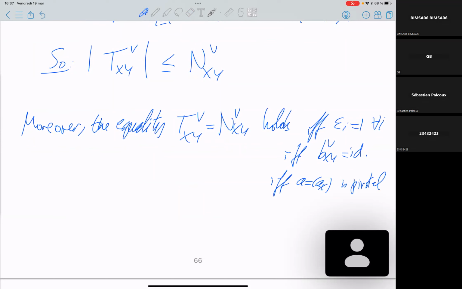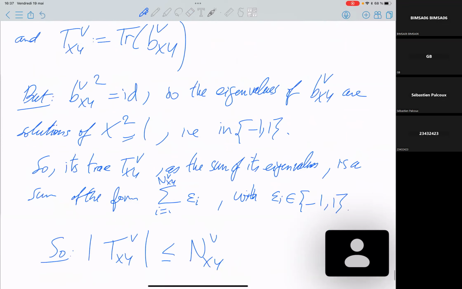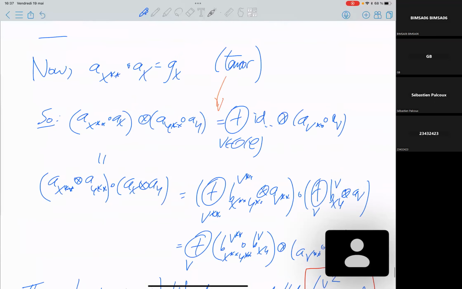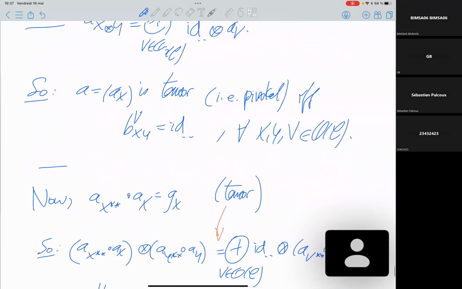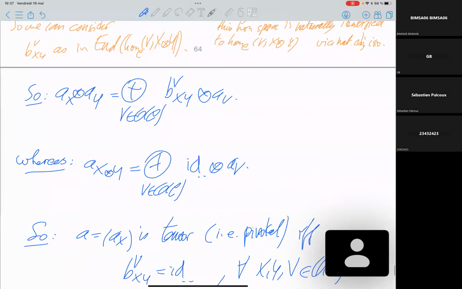So it's a tensor structure, so pivotal by definition, which is exactly the equality between this and this.